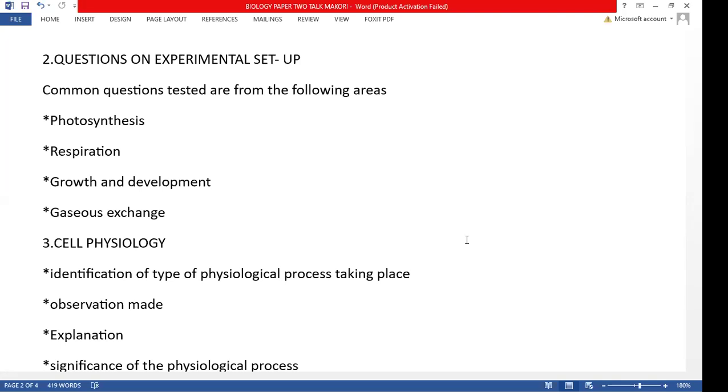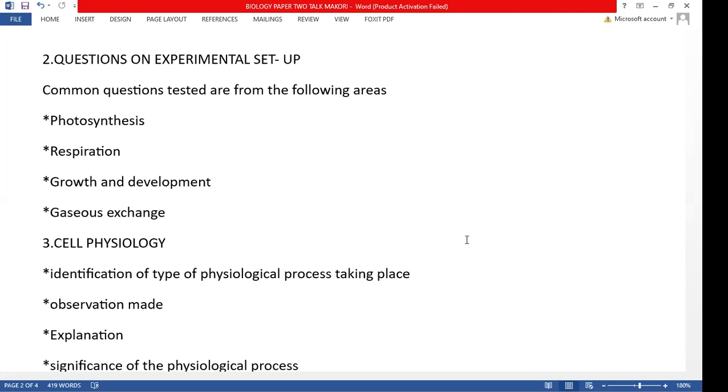Most cases where you see distilled water, either a cell has been immersed within distilled water, or a plant tissue, or a visking tubing has been immersed within distilled water, you automatically know that whatever is being investigated there is osmosis.